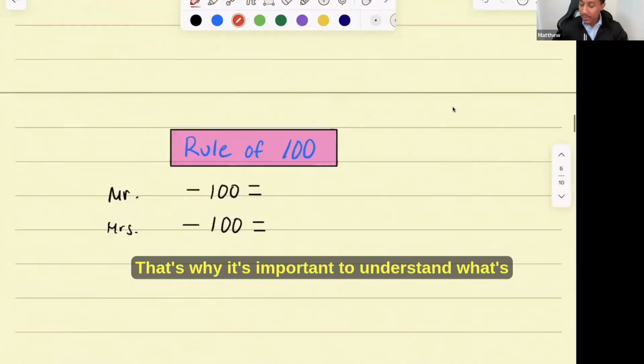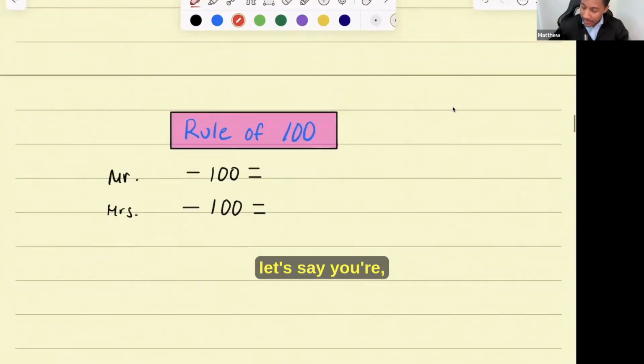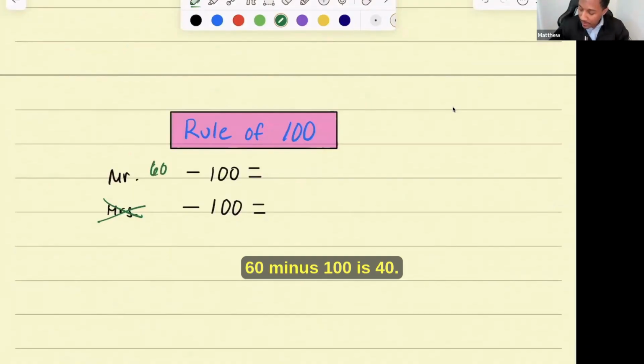That's why it's important to understand the rule of 100. So let's say, I'll just use one example, let's just say you're 60, okay? 60 minus 100 is 40.